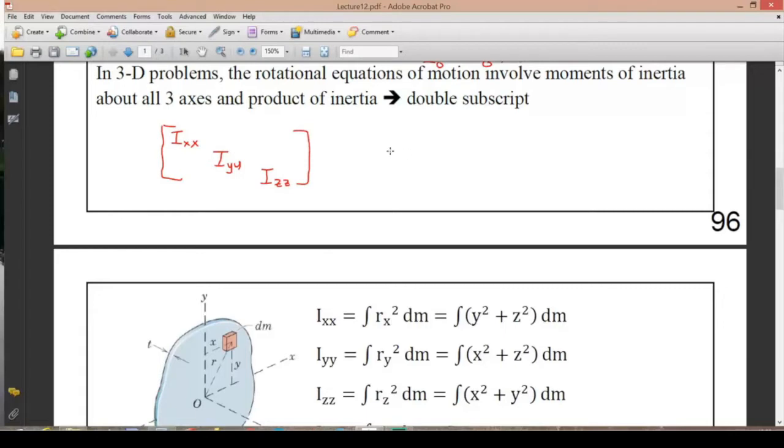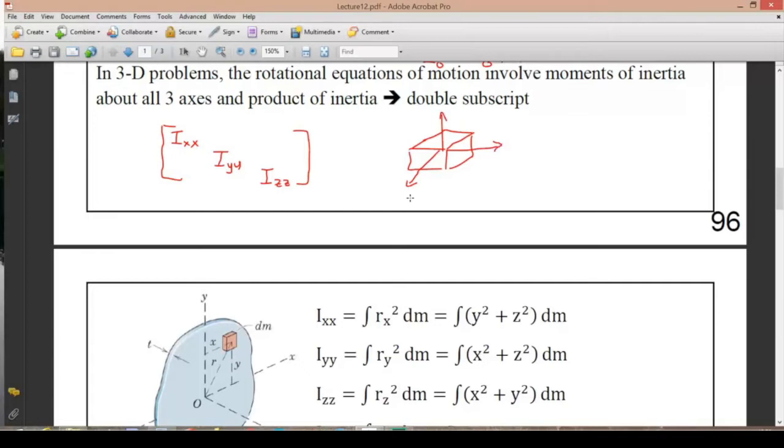Now, if you're going to consider this for a three-dimensional object, let's try to draw a cube here. I will be able to draw it, yes, and then we can talk about the axes here, x, y, and z axes. Maybe in the mass center.